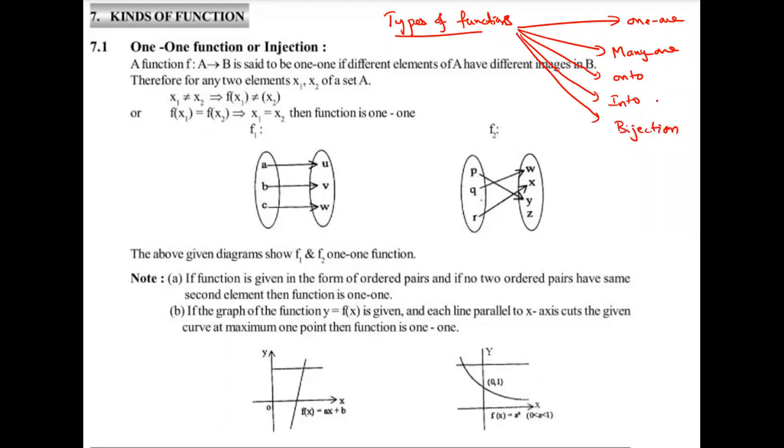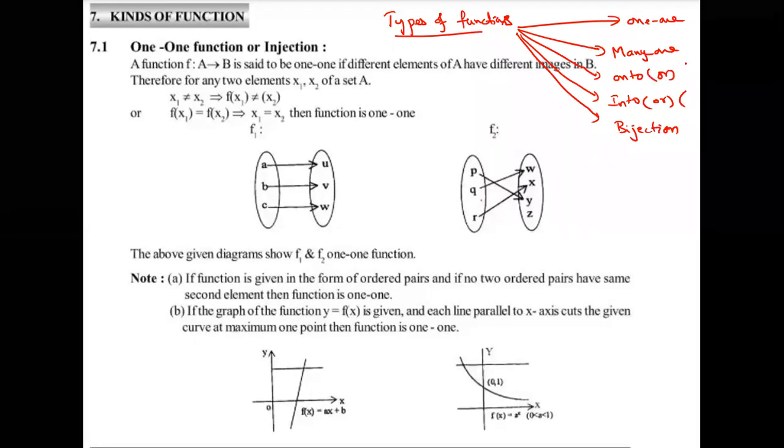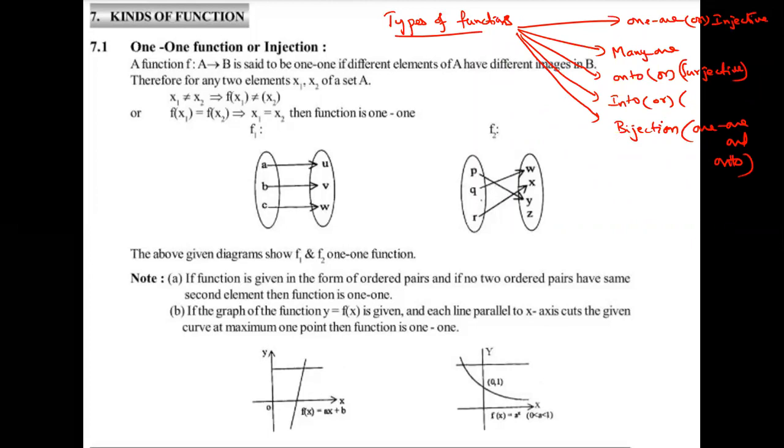Into means what is another name? Into means the other name is not there. If it is onto, that is surjective. 1-1 is also called injective. Bijection means both 1-1 and onto. One function that is both 1-1 and onto, that is the meaning.